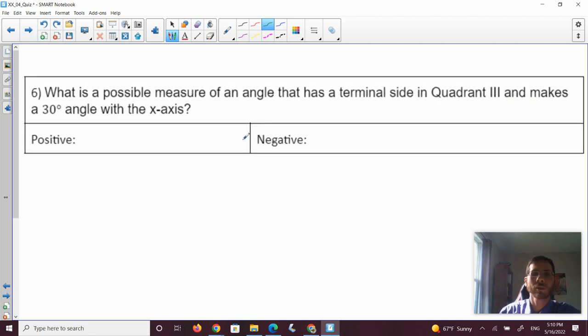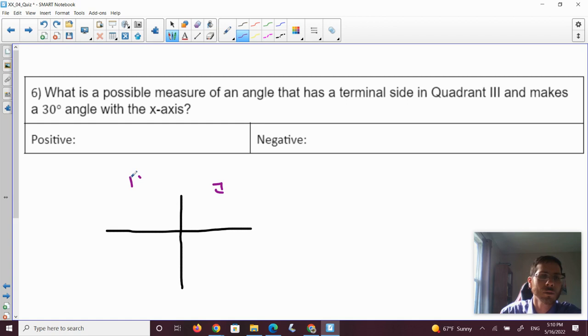For number 6, this time we've got a terminal side in quadrant 3. So we get 1, 2, 3, 4. So now we're in quadrant 3. But we need to make a 30-degree angle with the x-axis.